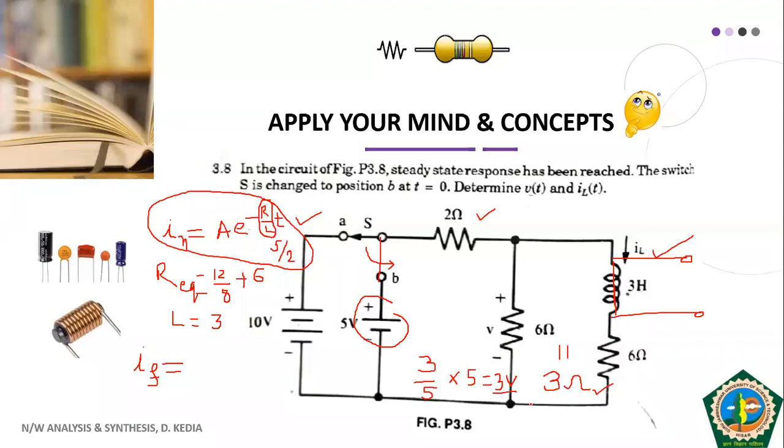This 3 volt is across the equivalent 3 ohm resistance, that is across the parallel combination of 6 ohm and 6 ohm, which means across this branch we have 3 volt, and the resistance is 6 ohm. So I is equal to V by R, and this forced current comes out to be 1 by 2 ampere.